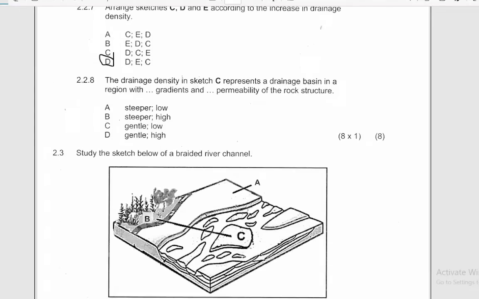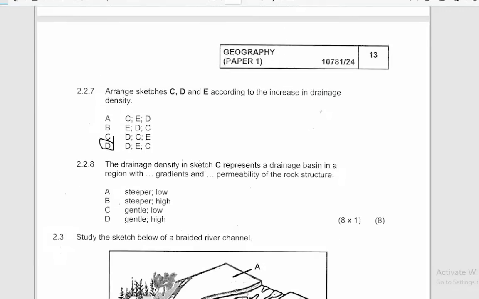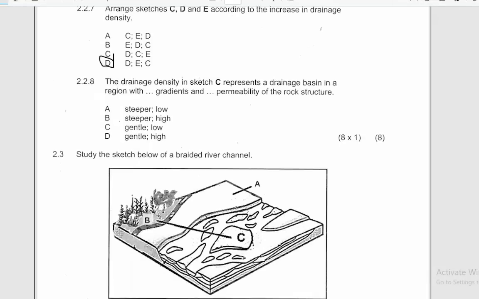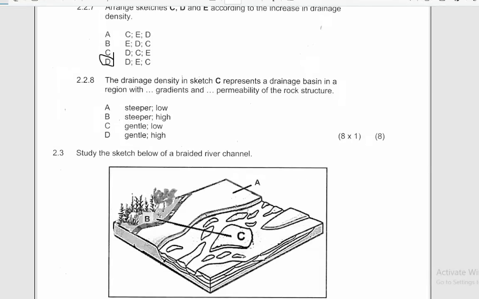The drainage density in sketch C represents a drainage basin in a region with dash gradients and dash permeability of rock structure. If you look at sketch C, that is the highest density. In terms of steepness of the area, for us to have high density, we need steep sloping landscapes. For streams to form, we need surface runoff and less infiltration.